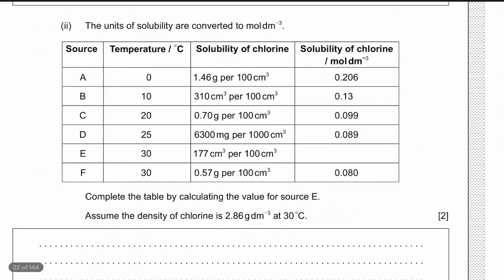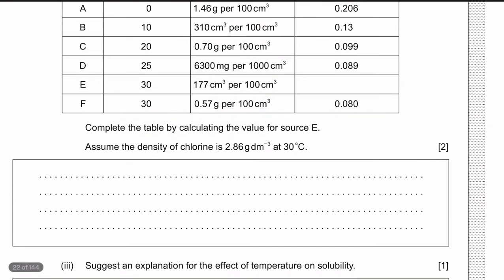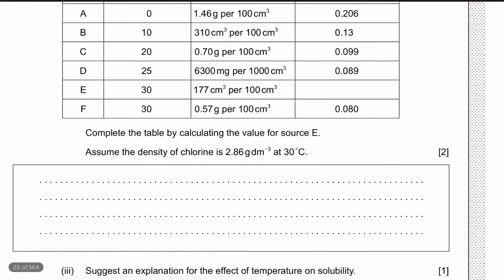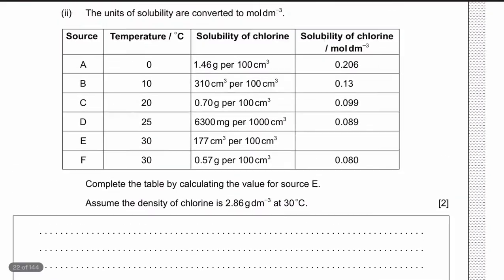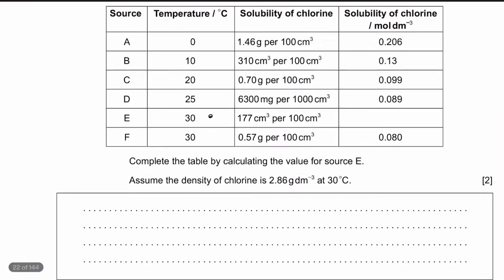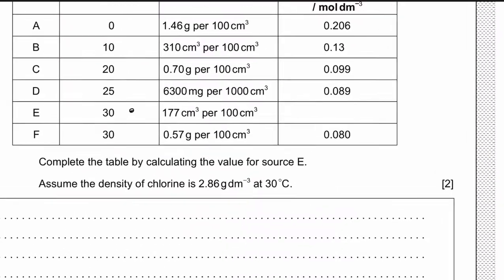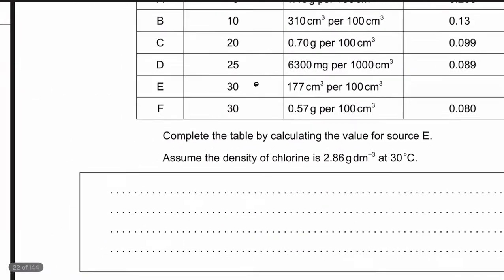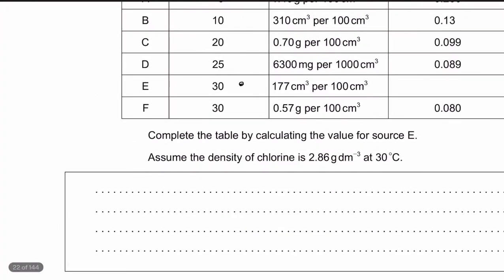Okay, units of solubility are converted to moles per dm cubed. Complete the table by calculating the value for source E. Assume the density of chlorine is that at 30 degrees Celsius. Okay, and then it's asking for E, which is 30 degrees. Okay, so the way we do this is first we have to remember that 177 centimeters cubed equals 0.177 dm cubed, right?